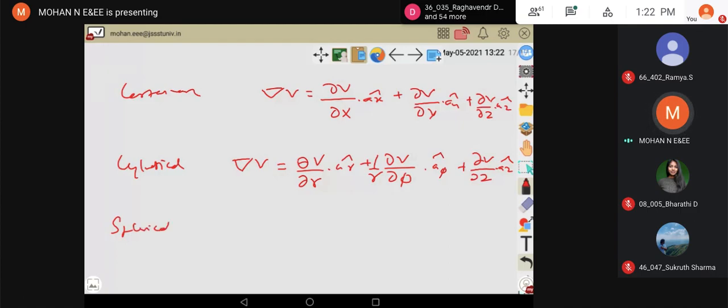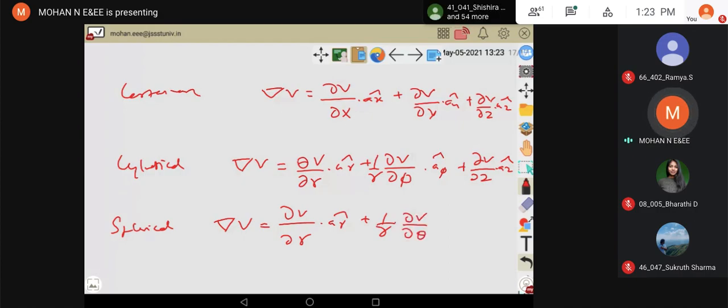In spherical coordinates, the gradient of V is dou V by dou R, AR cap, plus 1 by R into dou V by dou theta into A theta, plus 1 by R sine theta into dou V by dou phi, A phi.